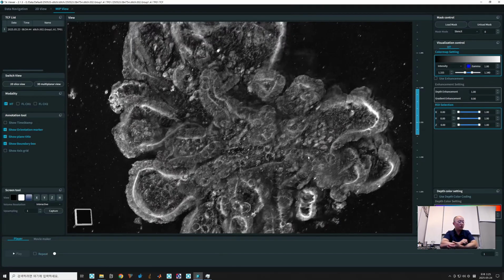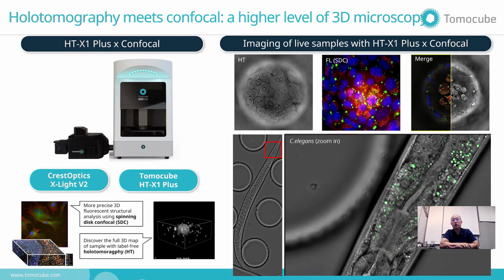We have commercialized this system through the company Tomocube that we co-founded, and by combining spinning disk confocal modules with HT, we can perform correlative imaging. It's like PET-CT: if you combine PET with CT, you can retrieve both structural information from CT and molecular-specific information from PET.